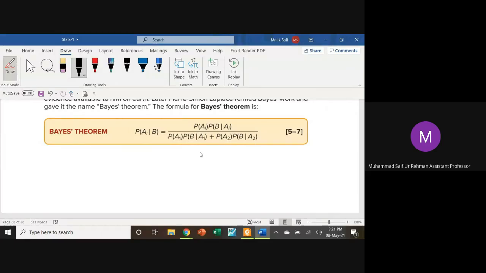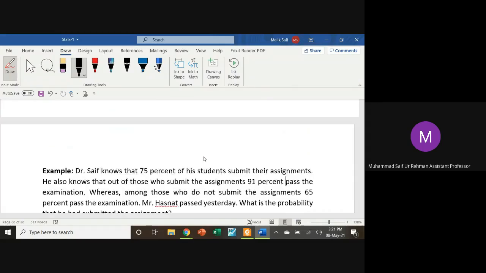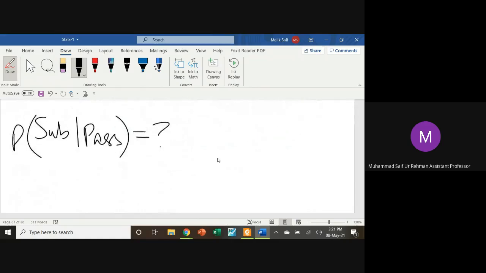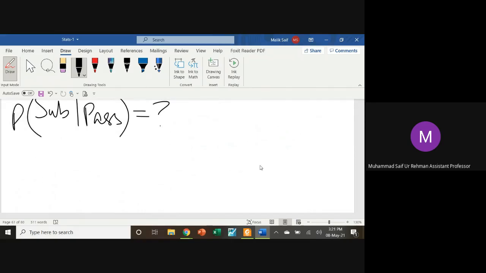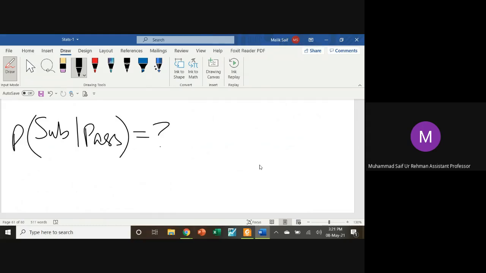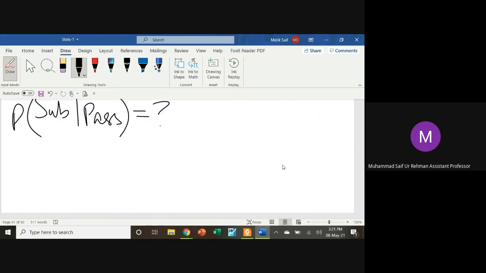I shall prove this formula if I would have time today, how this formula comes about. But let us use this formula first, and then we shall move to the proof of this formula later on. I shall try to prove it today, inshallah. So summation and pass, this is the required probability, and using the Bayes theorem, how could we write it?